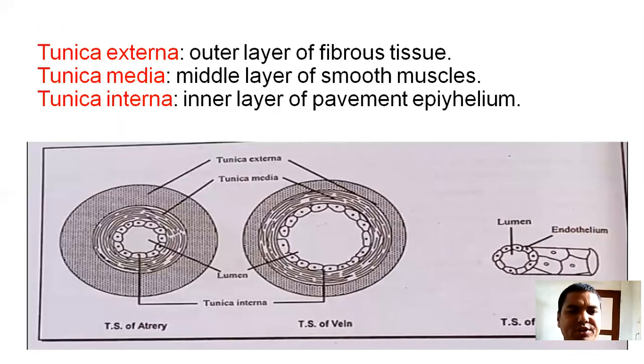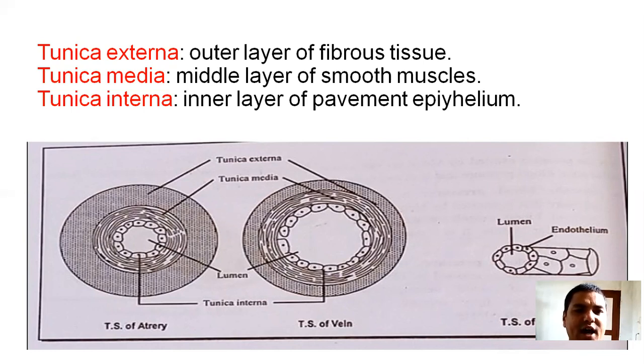What is the difference between these three types of blood vessels? I have shown a figure here. Artery and vein both have similar layers: outer layer tunica externa, middle layer tunica media, inner layer tunica interna.